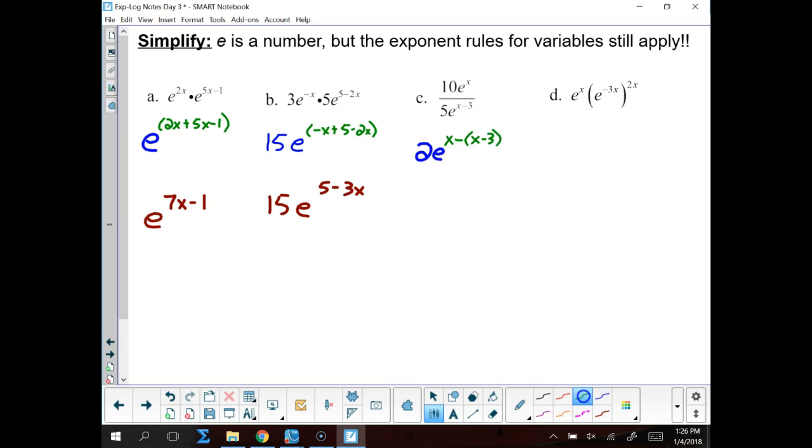And I'm going to leave that in a set of parentheses because I got to remember that I got to subtract both of them. Okay. So x minus x is 0 minus negative 3. Positive 3. So this becomes 2e to the positive 3 power.